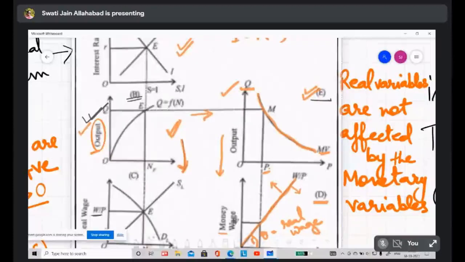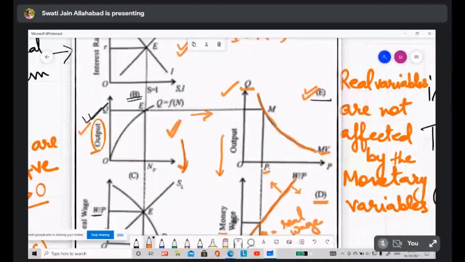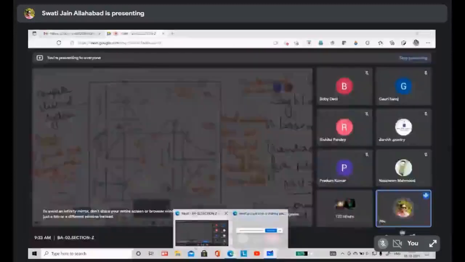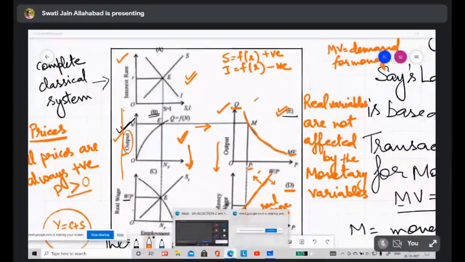Okay, so this side you have real variables, this side you have real variables, all these are real variables, and this is the monetary variable. So they do not have any dependence. The only relationship is between quantity of money and the level of output. So quantity of money depends on the level of output. Now, if you have understood this, maybe we can see a shift in the diagram. Are you able to understand? Any question?